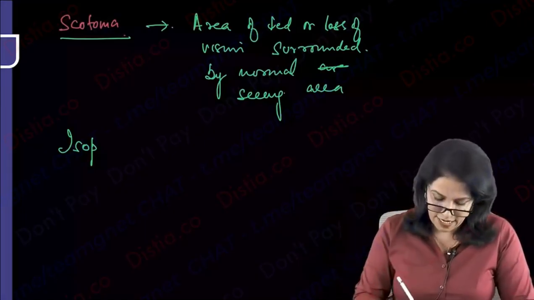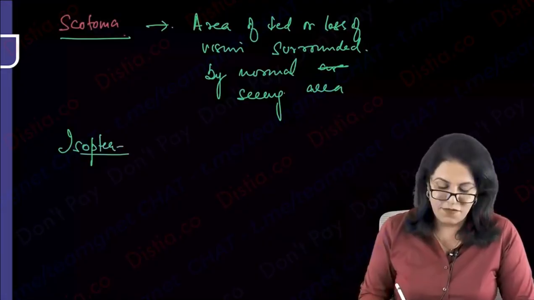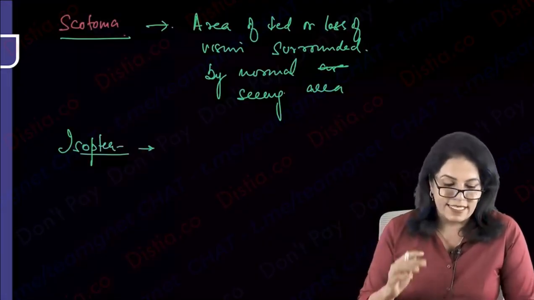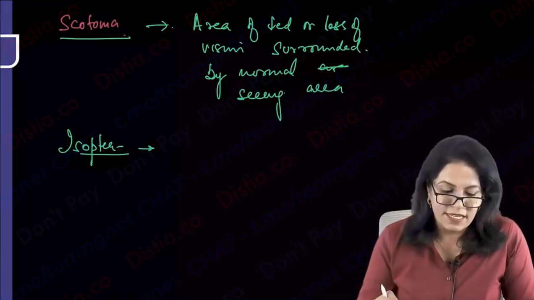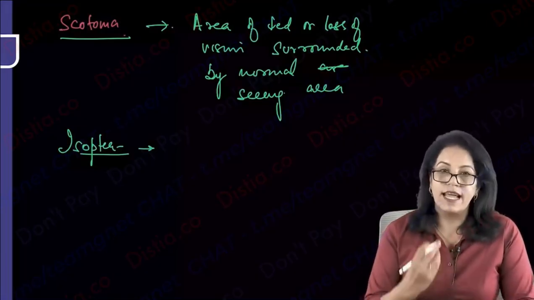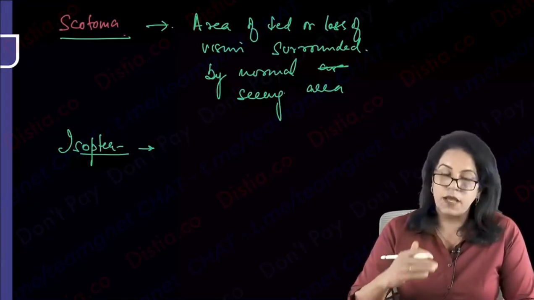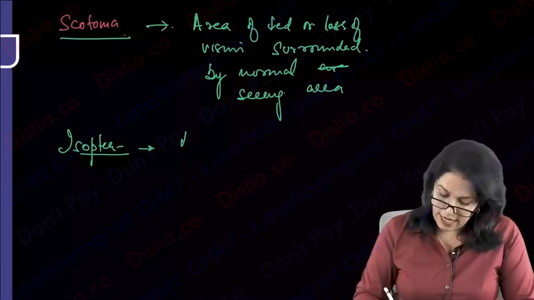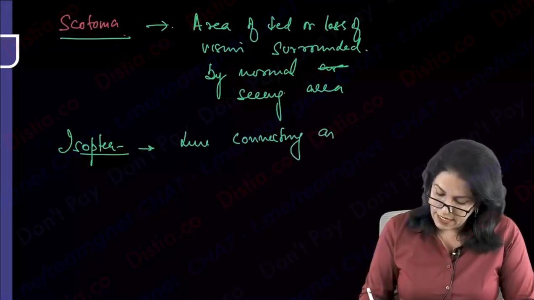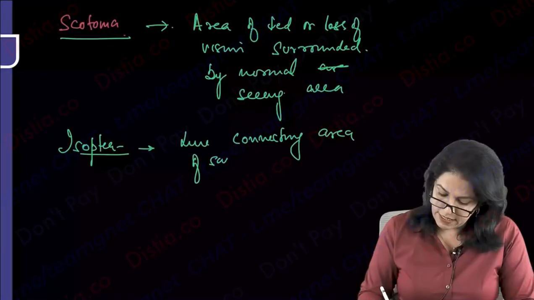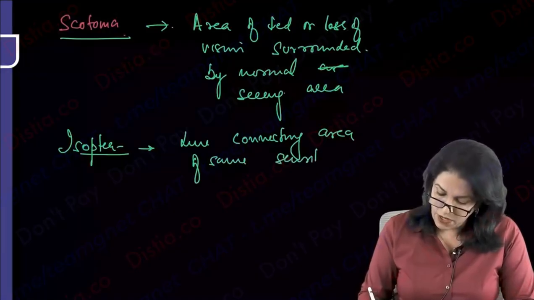I'll just show you the slide. Write down, what is an isopter? If we ask you, you'll say it's an area of same sensitivity to the stimulus, or it is a line connecting the points of same sensitivity. It is represented in two-dimensional form.